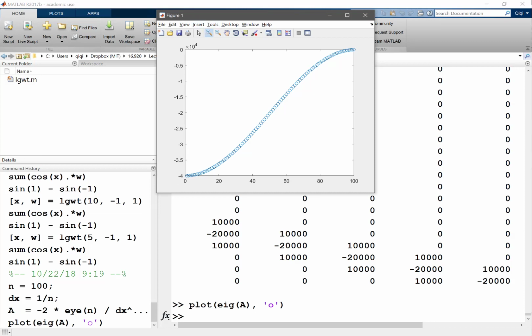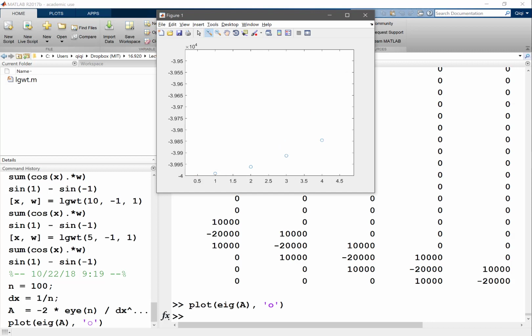So the most negative eigenvalue is actually not going to be exactly minus 4 times 10 to the 4. So basically what Jacobi method does is that it takes the time step size so that the whole range from 0 to minus 4 times 10 to the 4 is going to be lying exactly in the region of minus 1 to 1.